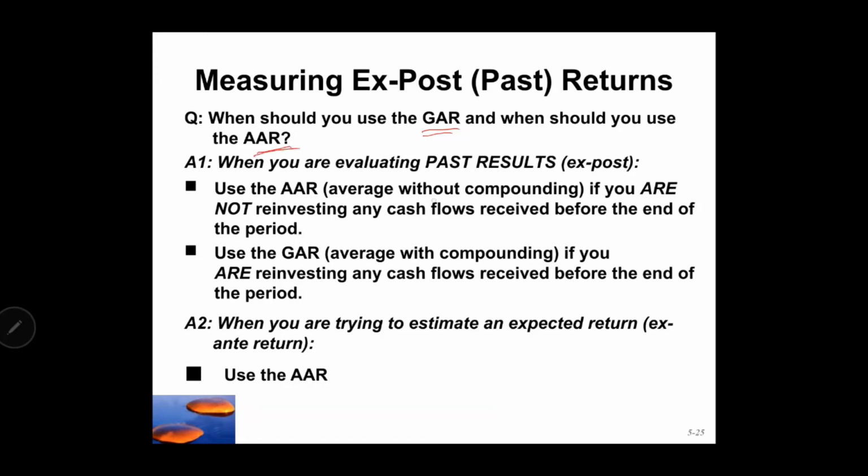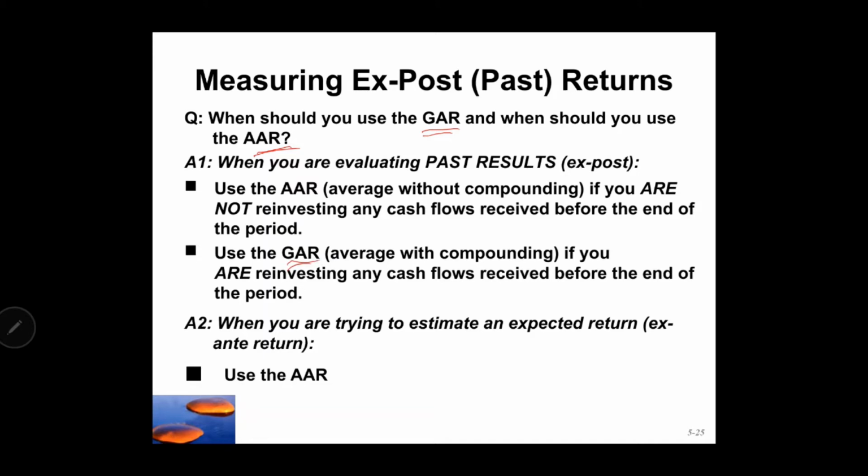So when you are evaluating past results, that is ex post, use the average arithmetic return without compounding, if you are not reinvesting any cash flows received before the end of the period. But if you are reinvesting any cash flows received before the end of period, then you are going to use the geometric average return.